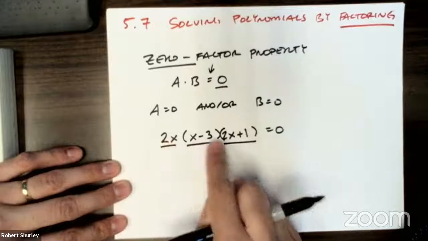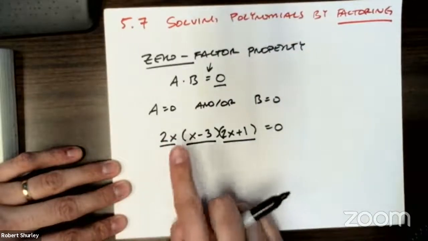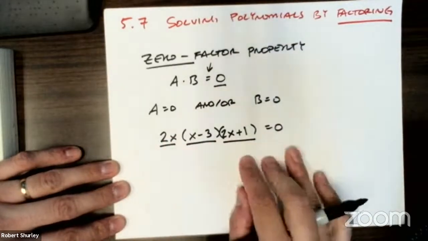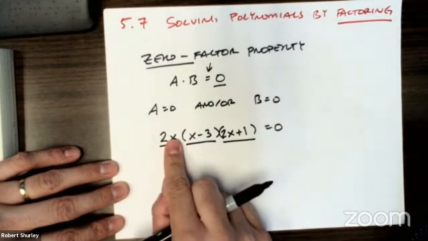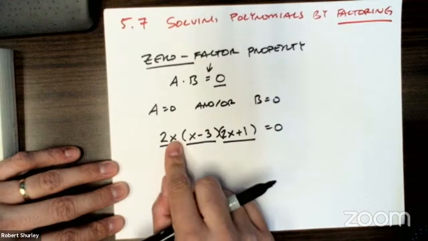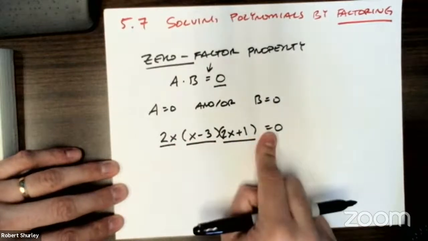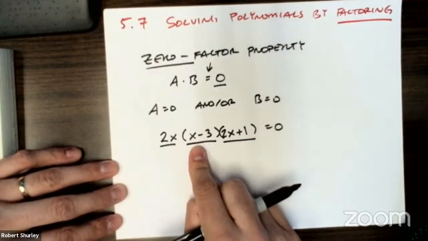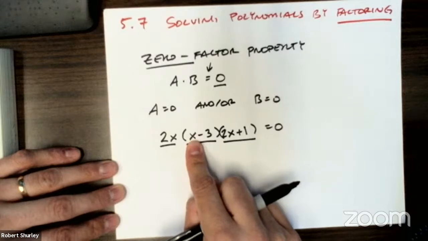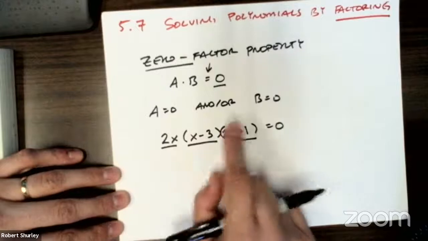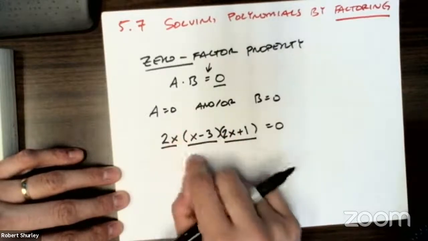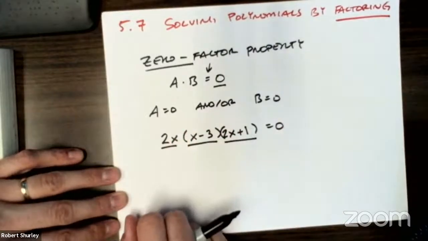Because all three of those multiply to equal 0, x could be something that creates 0. If x was 0, 2 times 0 is 0, and 0 times anything makes the whole thing 0. Or if x was 3, we'd have 3 minus 3, that'd be 0. It wouldn't matter what the other two are. This whole side of the equation would still equal 0.